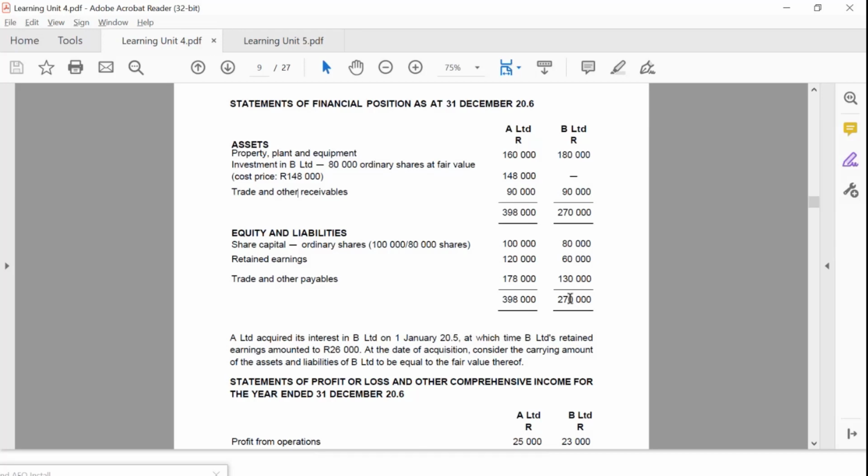like when you get your question paper, you say to yourself, okay, what entry will A have passed in their own individual books? What entry would B have passed in their own individual books? Okay, this is it. Then let me reverse what they've done.